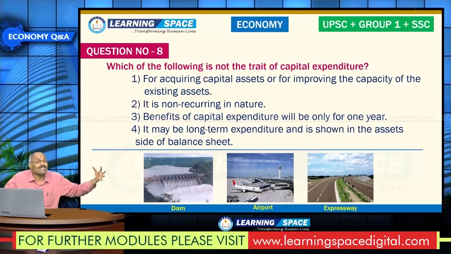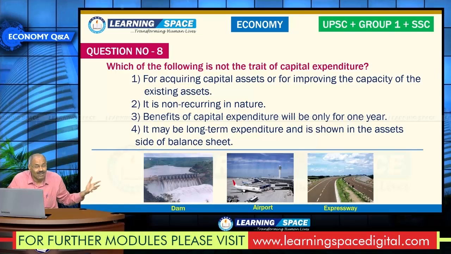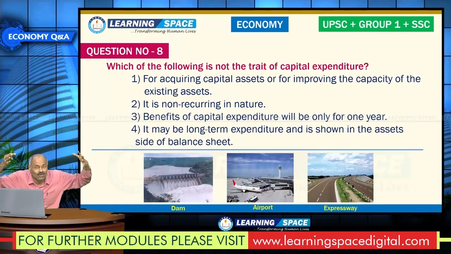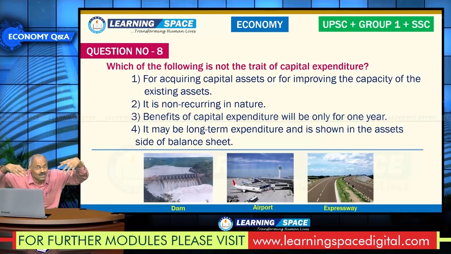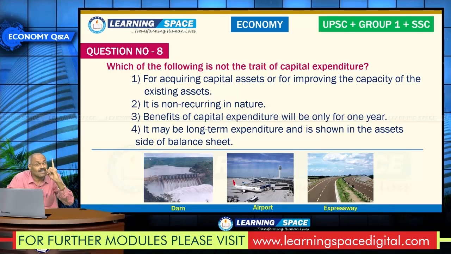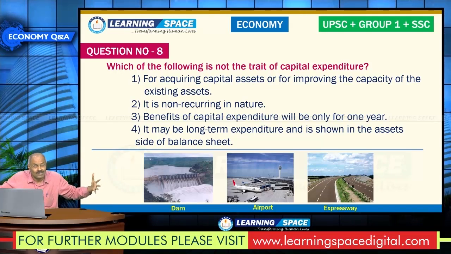Once an asset is created, further expenditure is not necessary on that. For creating assets, I am talking about. Maintenance is different. For creation, it is a one-time measure. It is non-recurring in nature. So, the first sentence is correct. The second option is correct. Look at the fourth one.